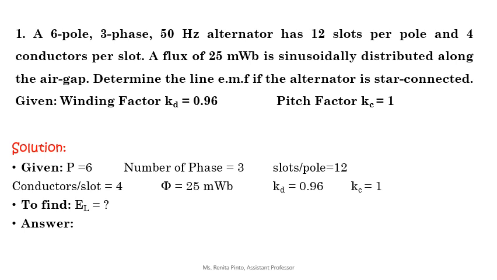Since you directly can't find out line EMF, I'll first find out E phase, that is EMF generated per phase, using your EMF equation 4.44 kc kd phi f T volts. After finding out the phase EMF, I will go for the line EMF.